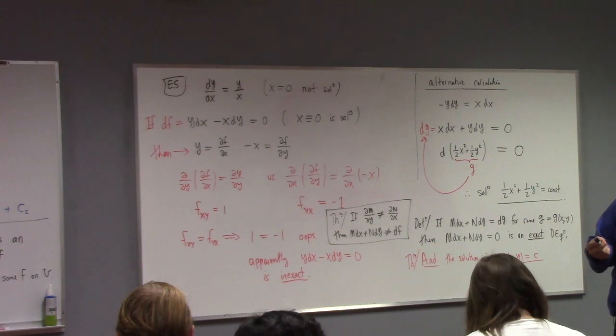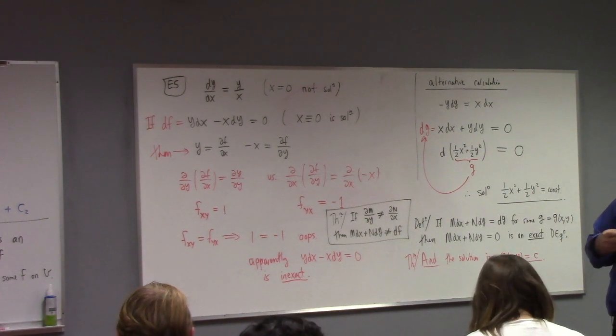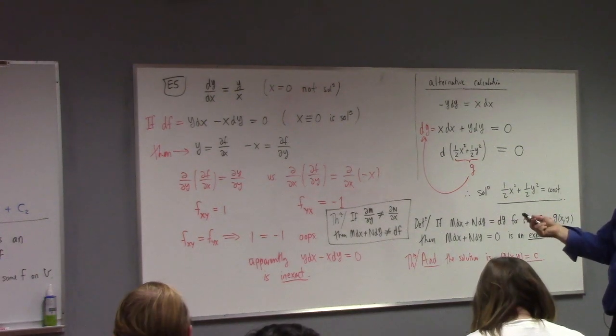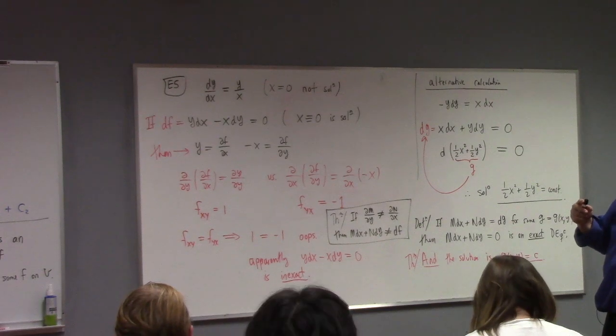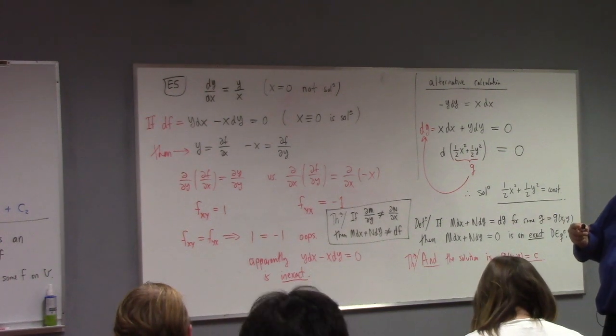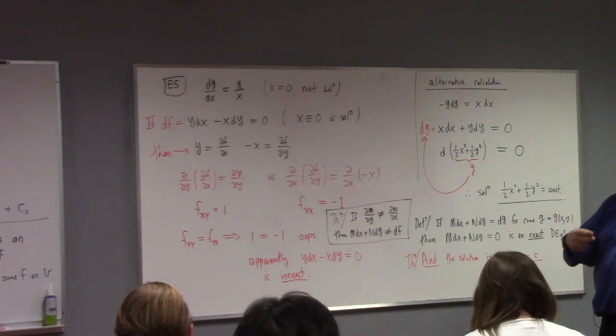So we can check ahead of time. We can check whether the derivative of the x coefficient with respect to y matches the derivative of the y coefficient with respect to x. If they're not matching, it cannot be an exact differential equation.